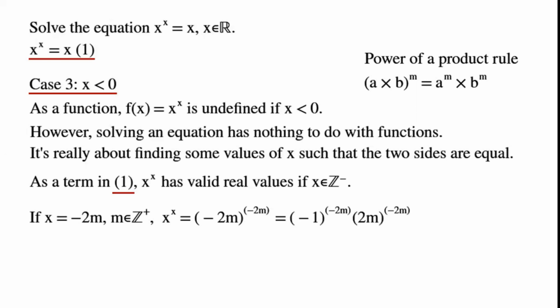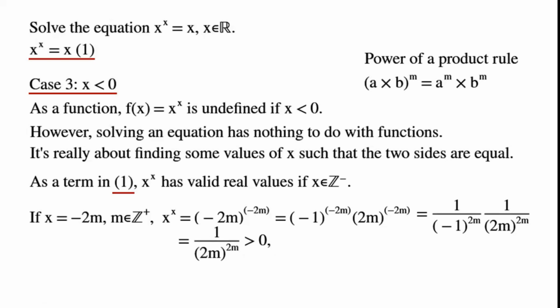So we can now write equals (minus 1) to the power of minus 2m times (2m) to the power of minus 2m, which can be written as 1 over (minus 1) to the power of 2m times 1 over (2m) to the power of 2m.